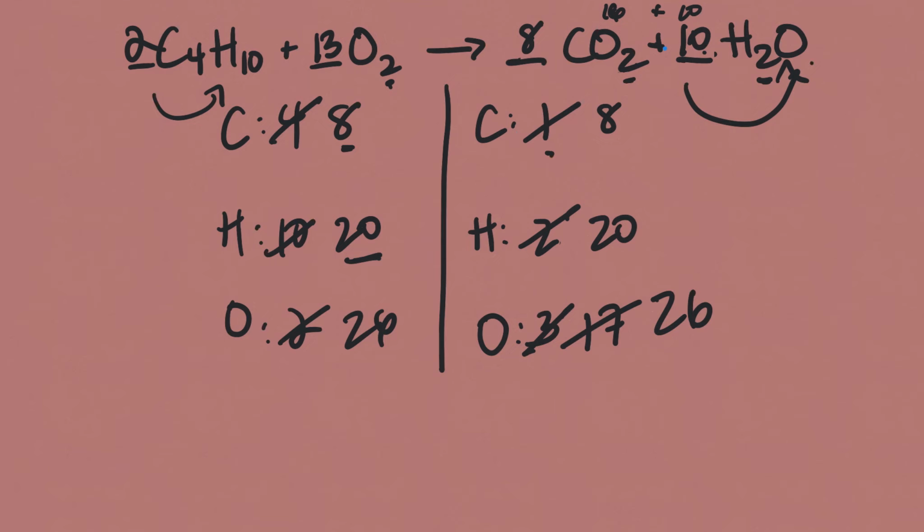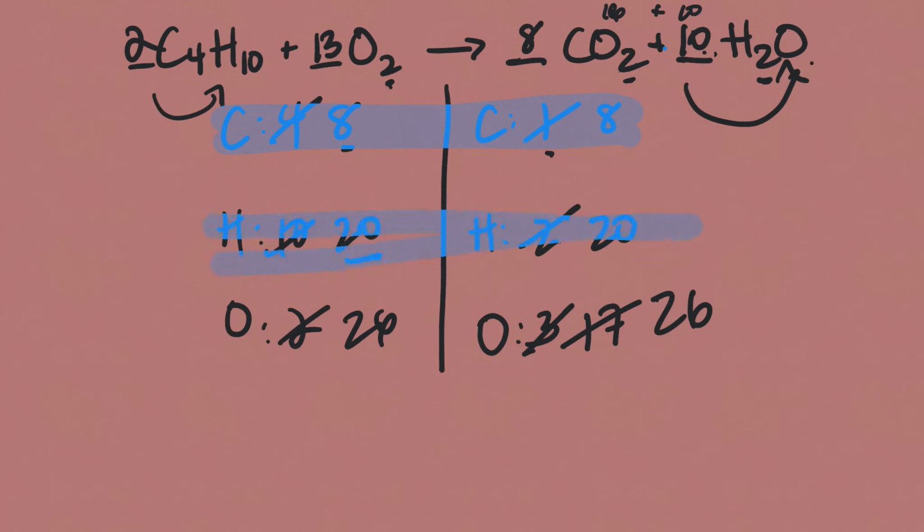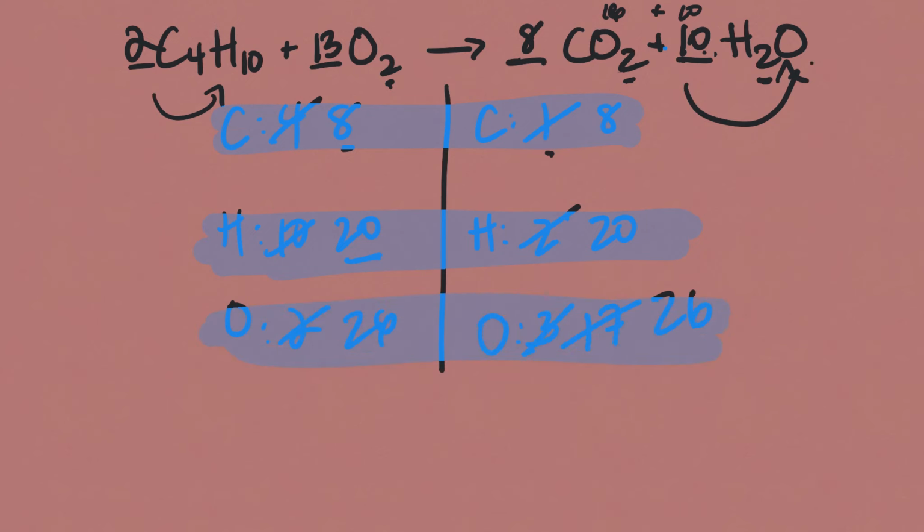Carbon, yes, because we both have 8 carbons. All right, look at hydrogens on both sides. You have 20. And what about oxygens on both sides? We have 26. So we've successfully balanced this chemical equation.